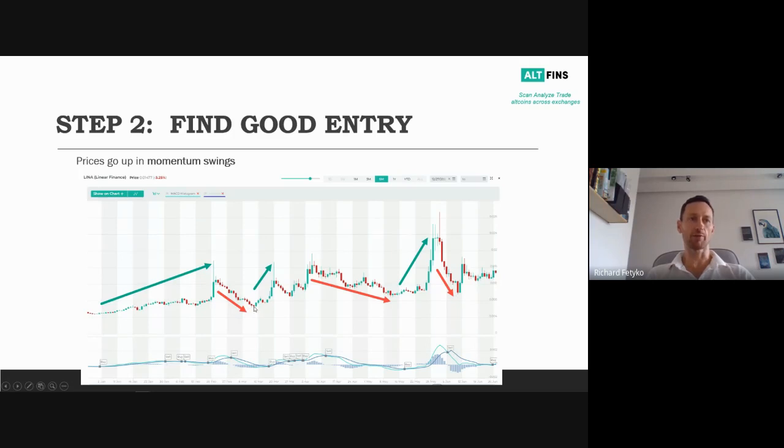It's the level where buyers stepped in and soaked up all the supply from sellers, overwhelmed the sellers, and actually started pushing the price up. Okay, so that's support. On the other side, resistance. So resistance is typically where the spike or advance terminates or pauses, right?